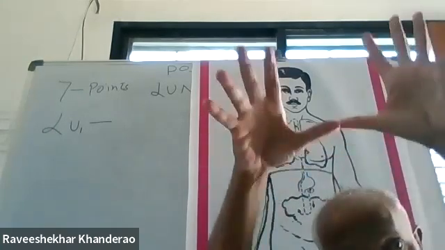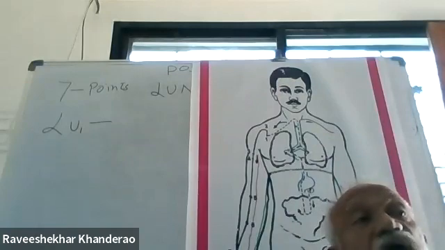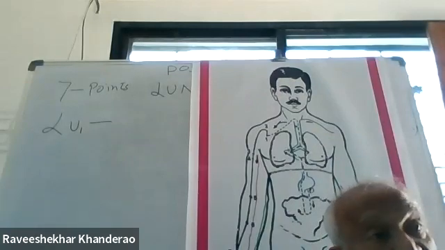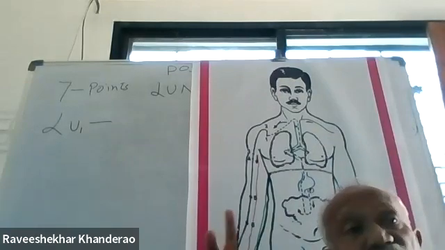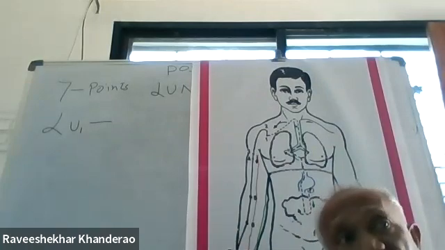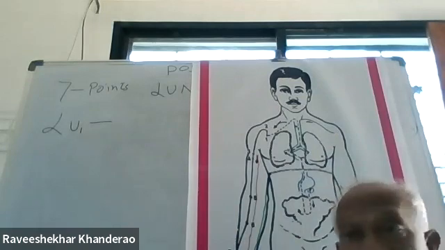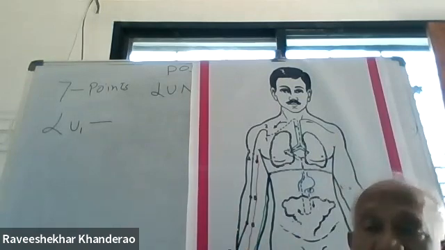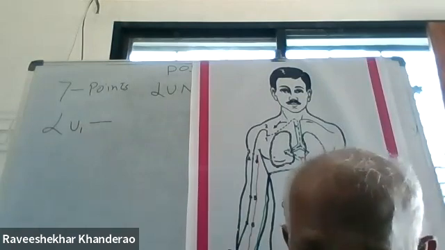All the viscera lie under the urinary bladder meridian, because there are two branches, 1.5 cun and 3 cun. So you have to be very careful while needling the urinary bladder, and very careful while needling lung 1.